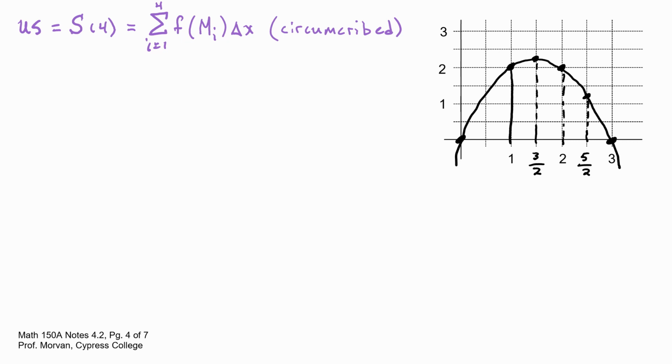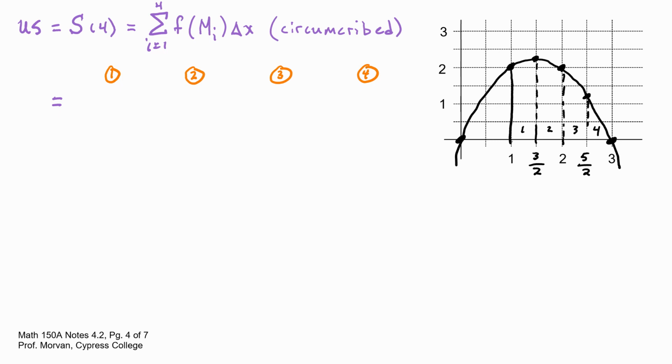Now when we do the upper sum, we know that we have to add up the areas of 4 rectangles, and that's going to be in our regions 1, 2, 3, and 4. So now this upper sum is going to equal, well, let's make a note that we'll find the area of rectangle 1, of rectangle 2, of rectangle 3, and rectangle 4.